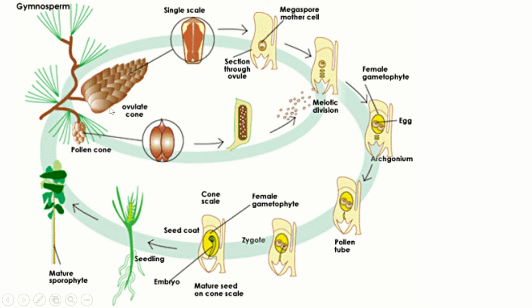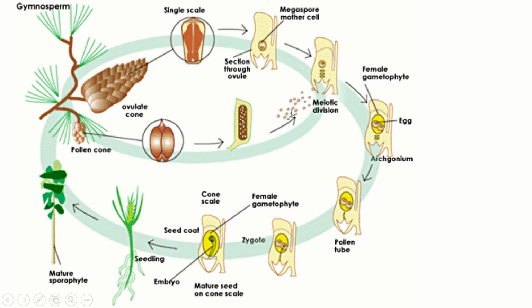So each of these little things on the cone is called a scale. And at the bottom of the scale, there is the site where the ovary sits. And there are usually 2 ovaries per scale. In the male cone, there are these little tiny scales where sperm is made.